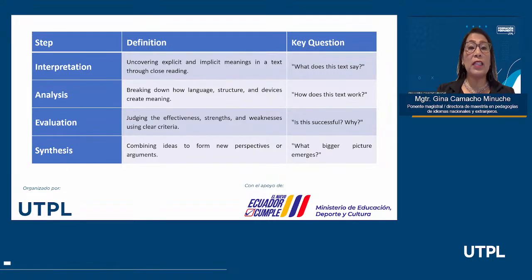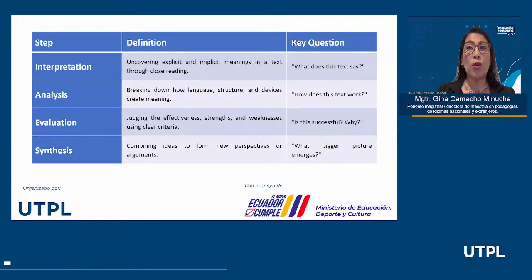Here we have some steps that we have to follow when being good critical thinkers. Interpretation refers to uncovering explicit and implicit meanings in a text through close reading.